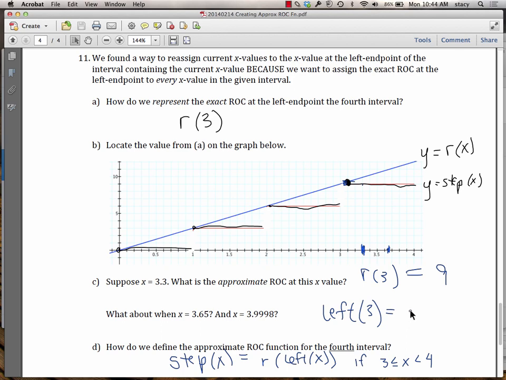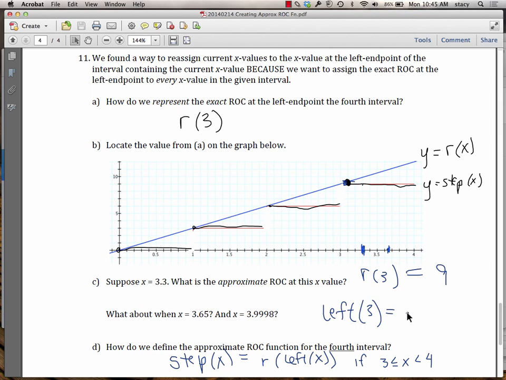That's what our step function is. I mean, if you were doing right of x, then it would probably be 3 is less than x is less than or equal to 4. But we're dealing with the left, so we want that left point included in each one, so we have to include the 3.